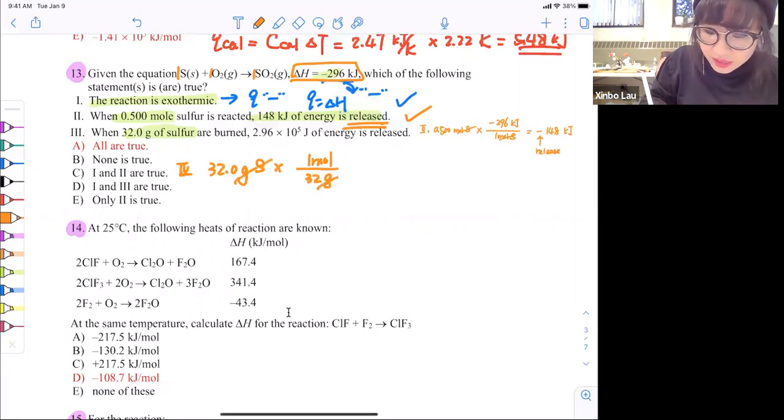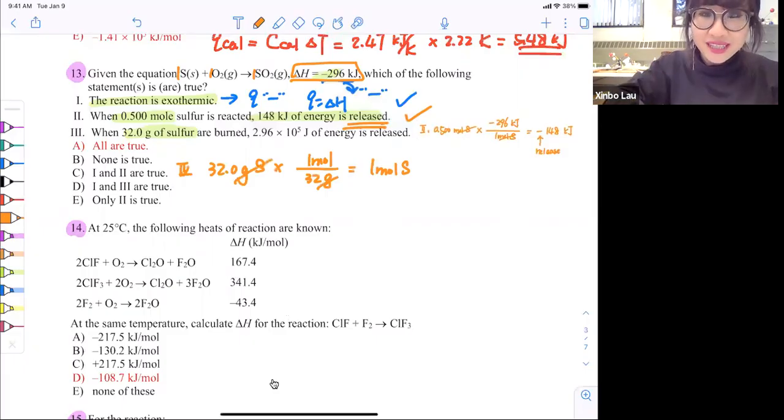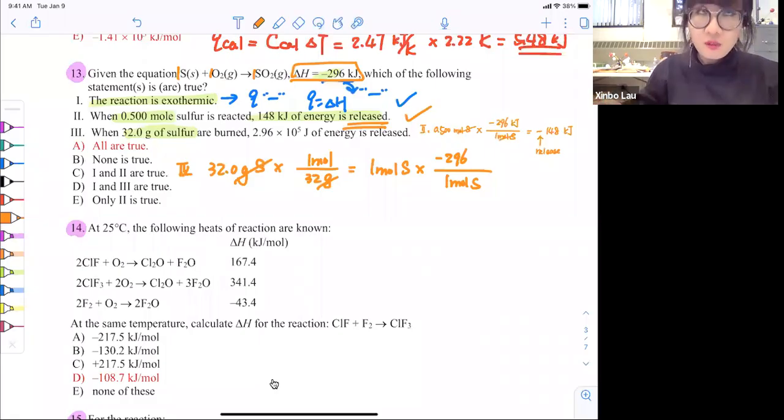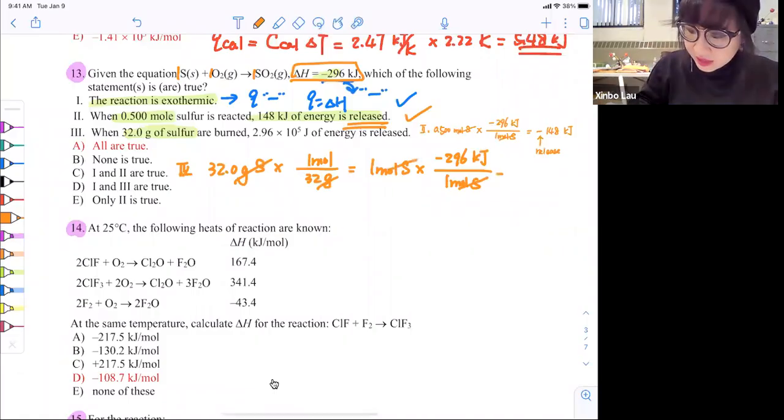That cancels out, so I have 1 mole of sulfur, and 1 mole of sulfur matches with negative 296, which also means releasing 296 kilojoules of heat.